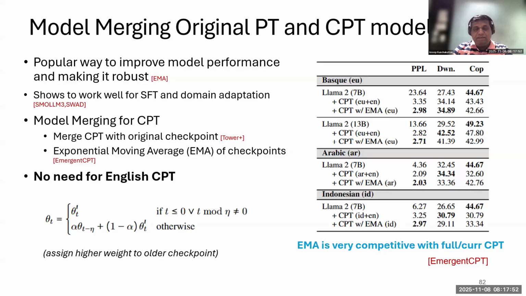So you always combine after a few steps the current checkpoint with the previous saved checkpoint. And the previous checkpoints are given a higher weight so that the models don't drift too much away from the initial point. And this kind of exponential moving averaging is very competitive with full or curriculum-based continued pre-training without any overhead of extra 20% training.